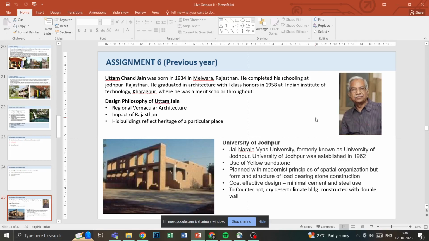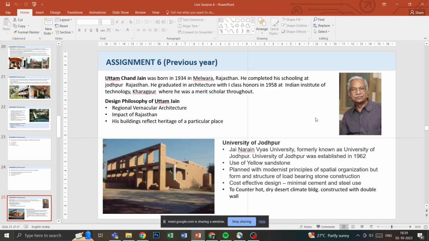So the planning of the design has been done with modernist principles, but the form and the structure is of load bearing stone. The construction and structural technique has been used as a traditional technique of load bearing stone construction.